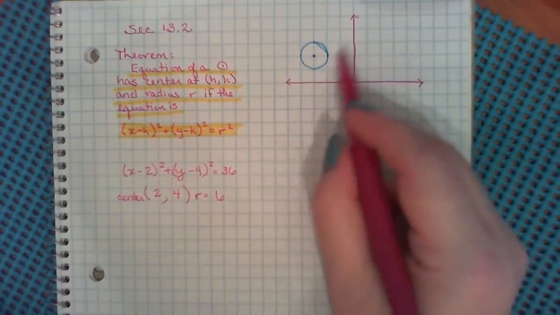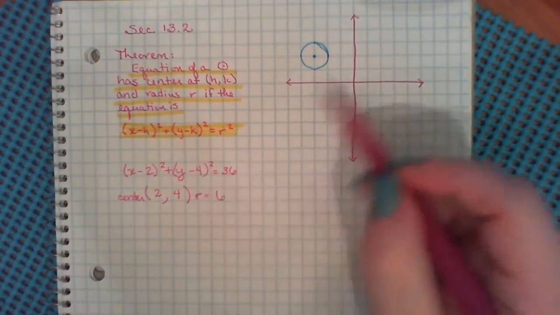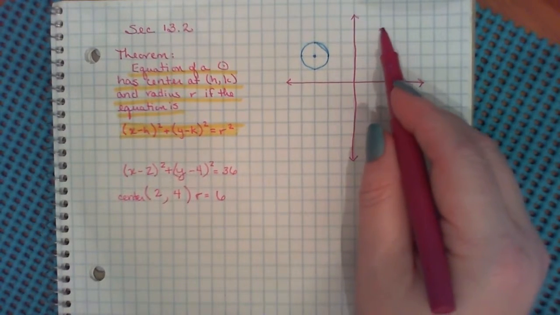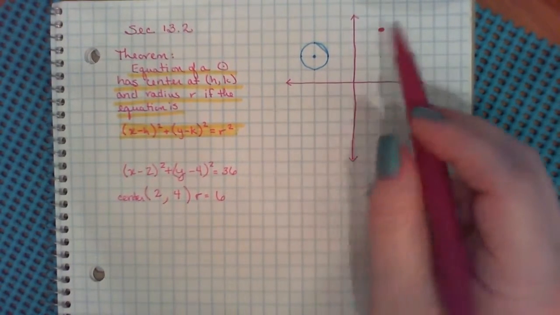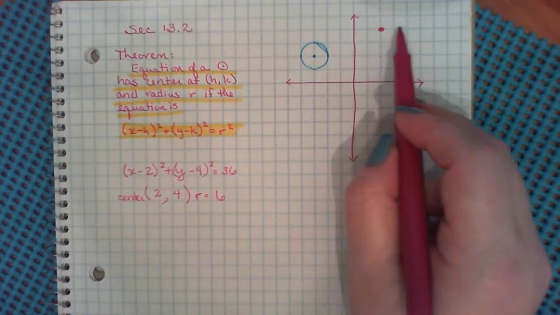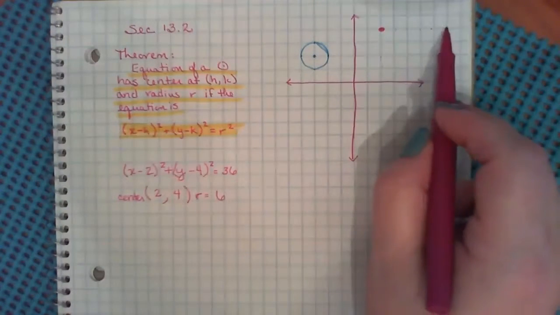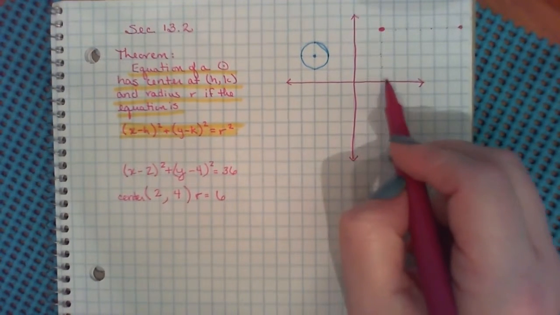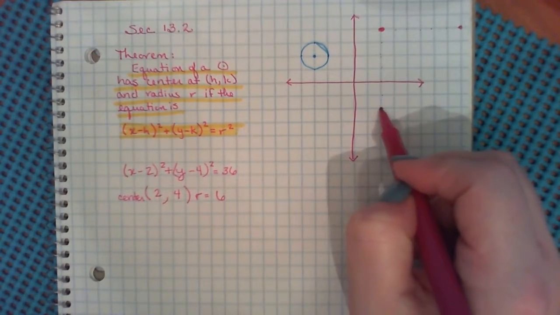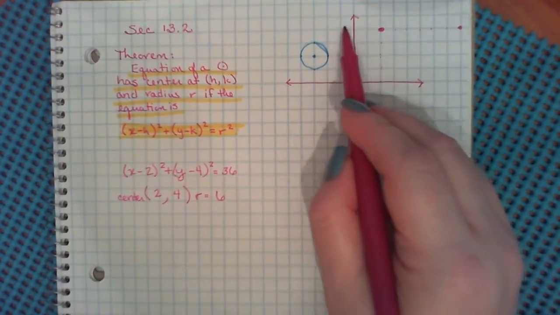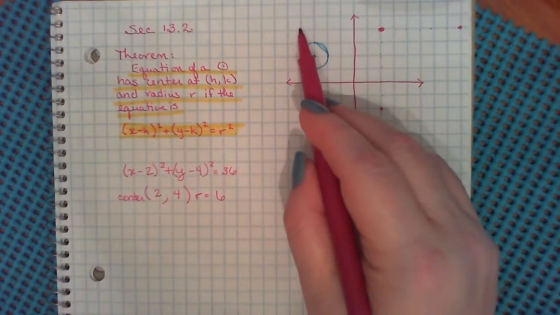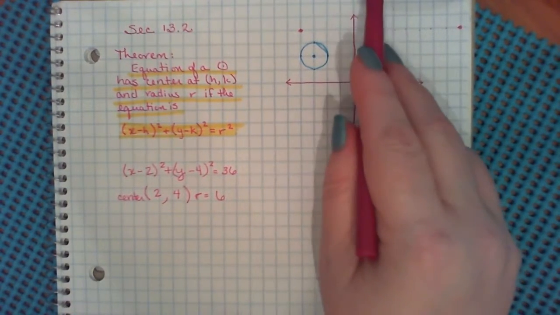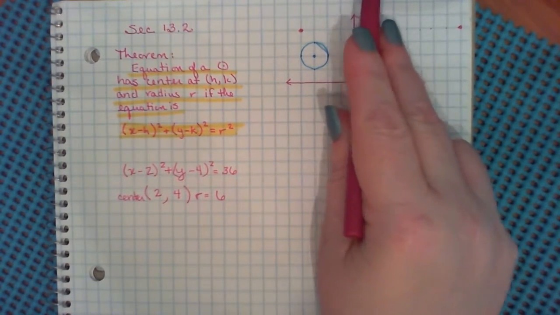So over here, if I wanted to graph it, I'd just go to (2, 4). Then a radius of 6 means I go out 6 in each direction: 1, 2, 3, 4, 5, 6, in each direction.